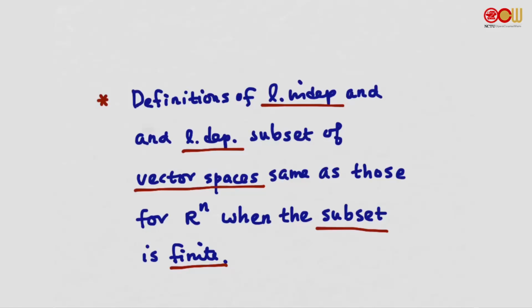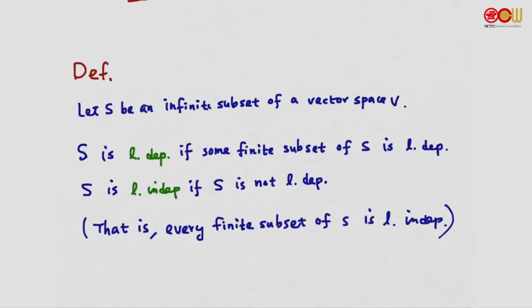When the subset is finite, when there are only finitely many vectors in the set, then the definition is the same as before. So let's talk about only the case when the subset is infinite.